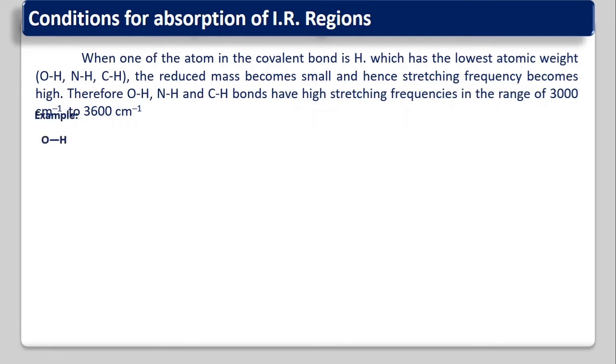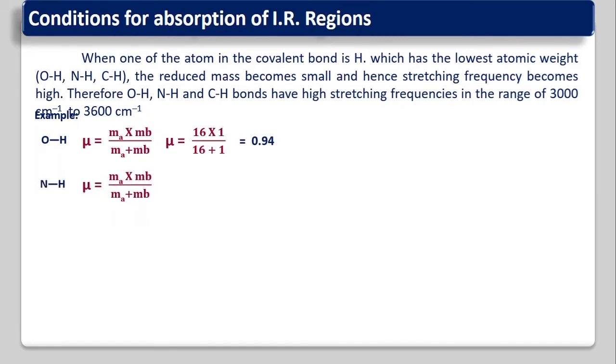Suppose, for example, OH is the bond. Then the reduced mass is equal to Ma into Mb divided by Ma plus Mb. The mass of oxygen is 16 and hydrogen is 1. So 16 into 1 divided by 16 plus 1, if you calculate this, you will get 0.94.